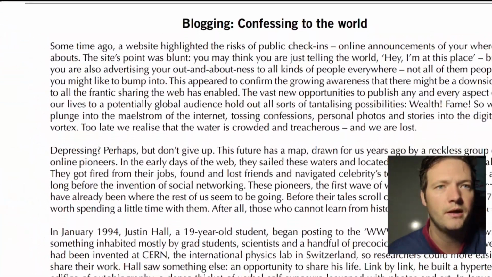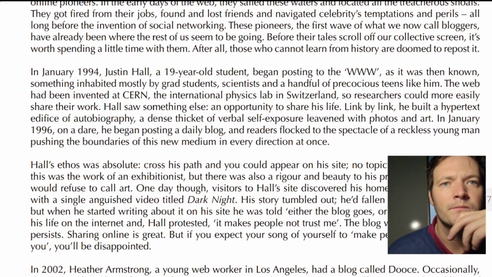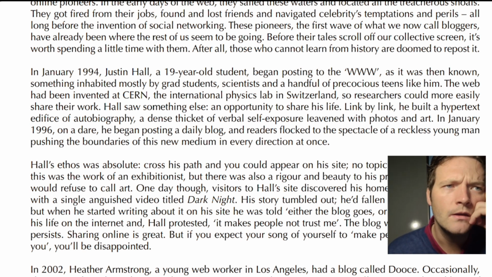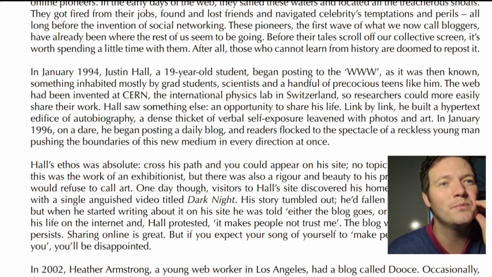So we go to paragraph 3 and let's have a look at it. It says, in January 1994, Justin Hall, a 19-year-old student, began posting to the WWW, as it was then known, the World Wide Web, something inhabited by grad students, scientists, and a handful of precocious teens like him.